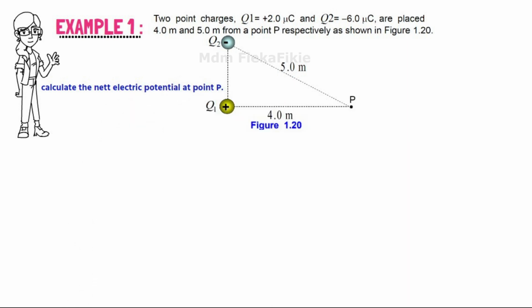Remember, electric potential is a scalar quantity. Jadi, bila scalar quantity, dia tak sama dengan electric field.